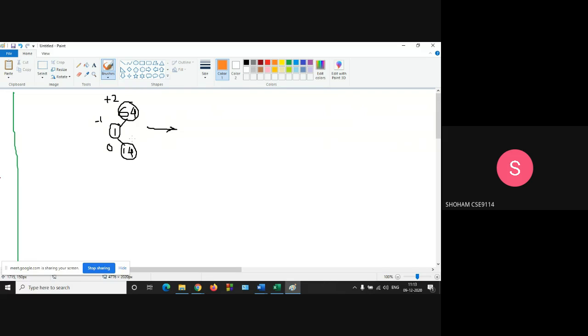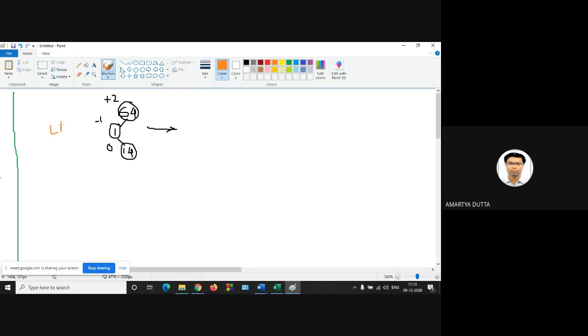Because 14 is inserted in the right of left of 64. Yes, 14 is inserted in the right subtree of the left subtree.